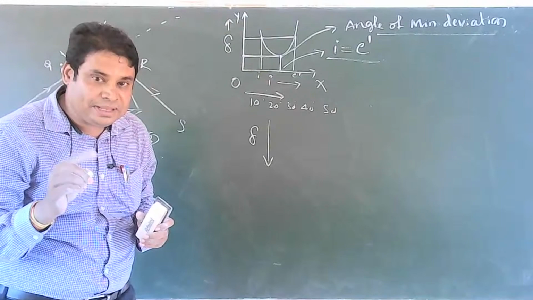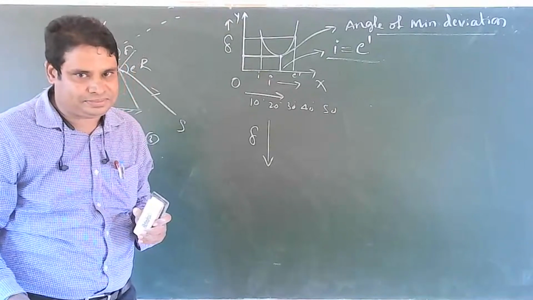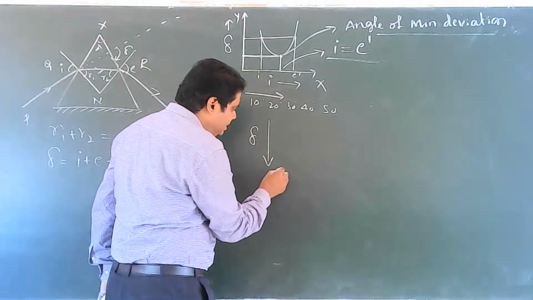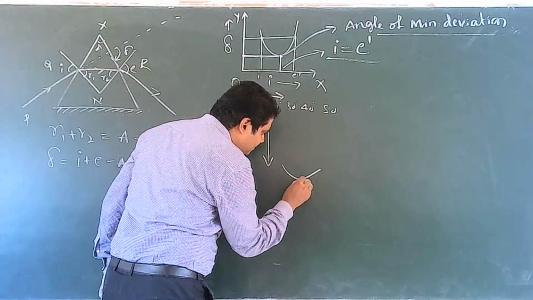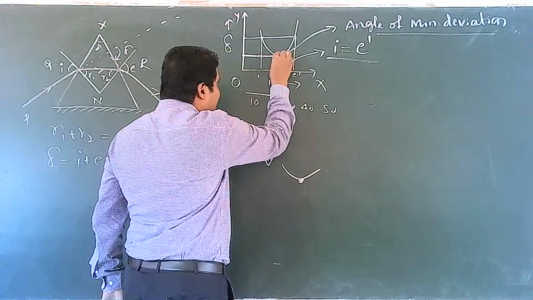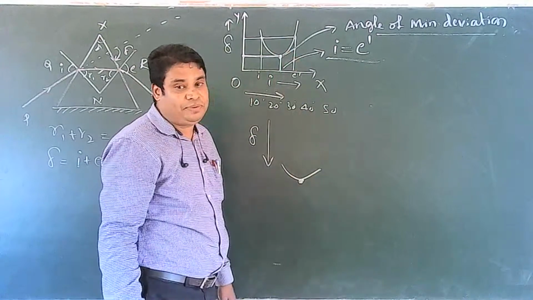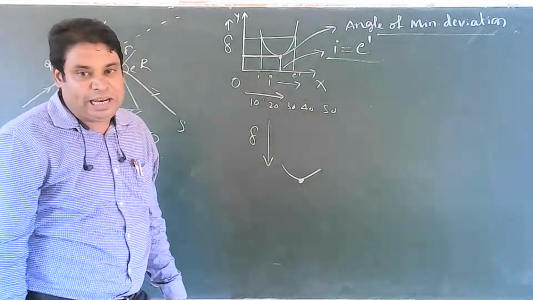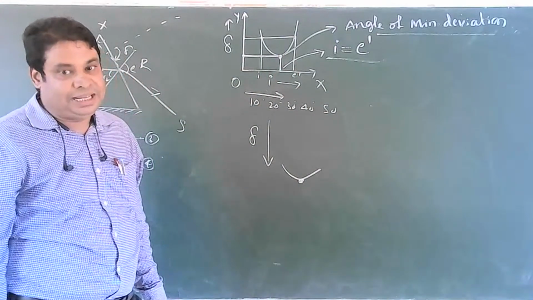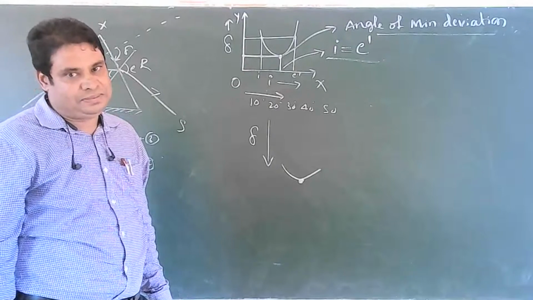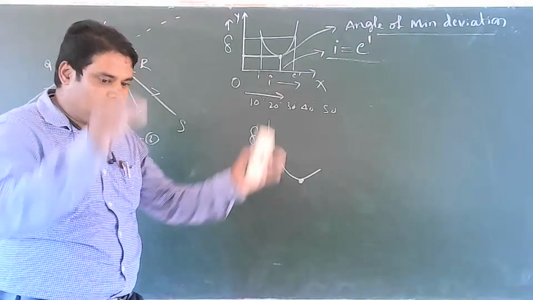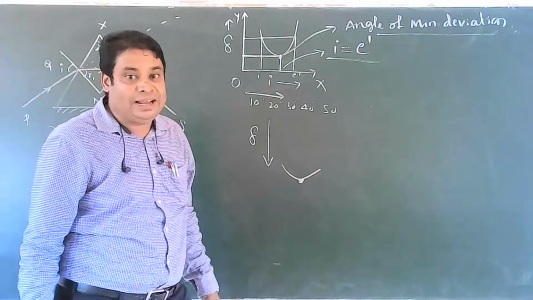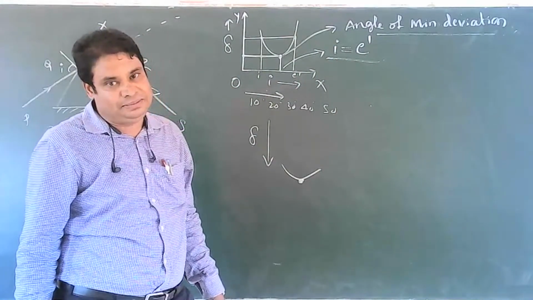Then this angle of deviation reaches some minimum value somewhere here. This minimum value is called angle of minimum deviation. At this point, angle I is equal to angle E.